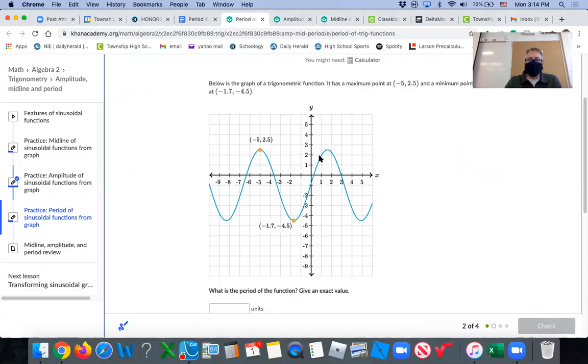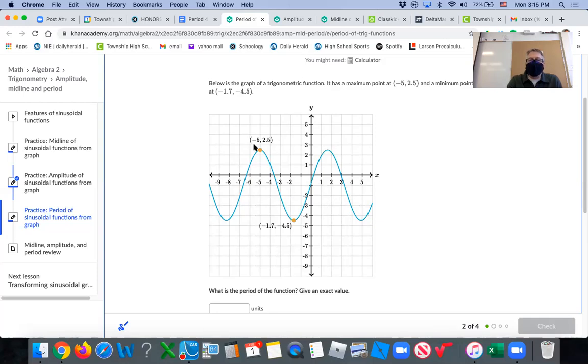So I'm looking at this function. It tells me this, the coordinate is -5, 2.5. I'm concerned about how far, so the x value. But it's not from this x value to this x value. It's from here to here.